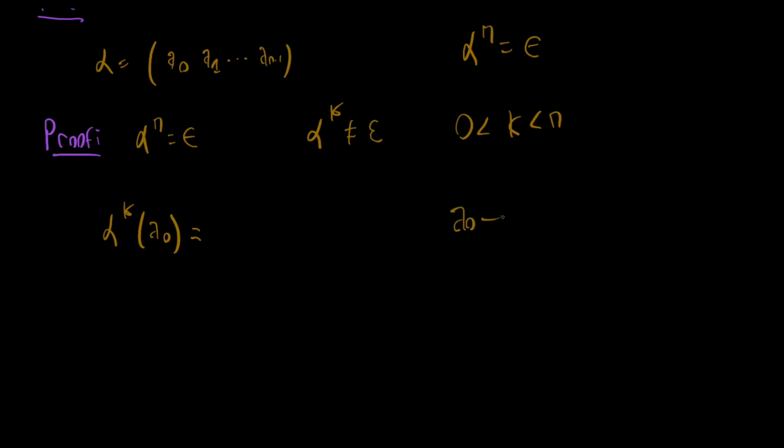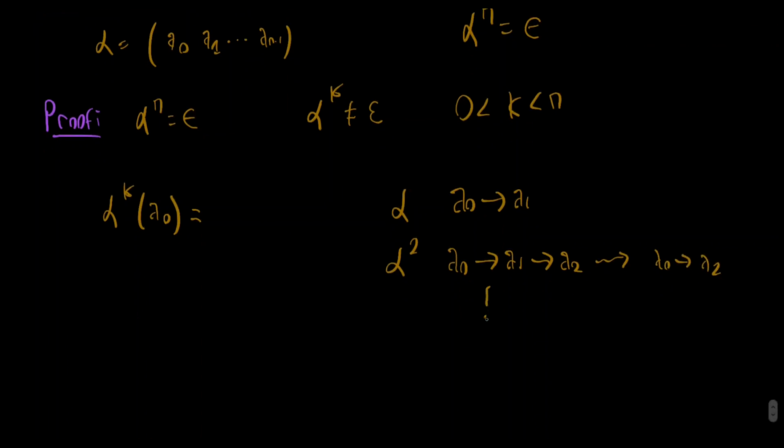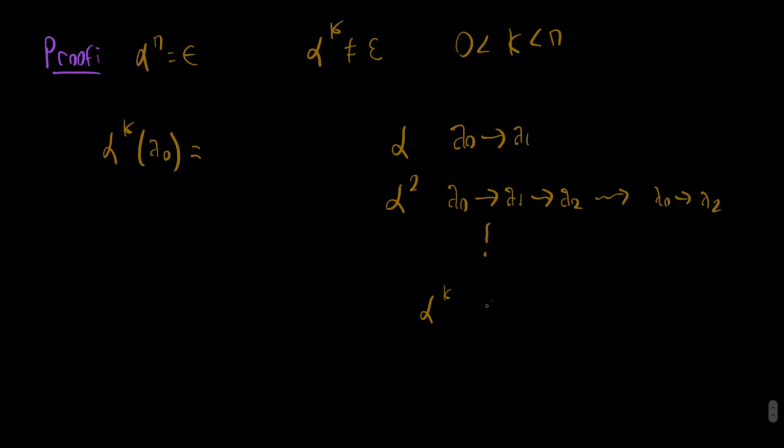Well, a0 gets mapped to a1 if we apply alpha once, but if we apply alpha twice, a0 gets mapped to a1, and a1 gets mapped to a2, so in total a0 gets mapped to a2. So in total, applying alpha k times, where k is less than n, yields that a0 gets mapped to ak.